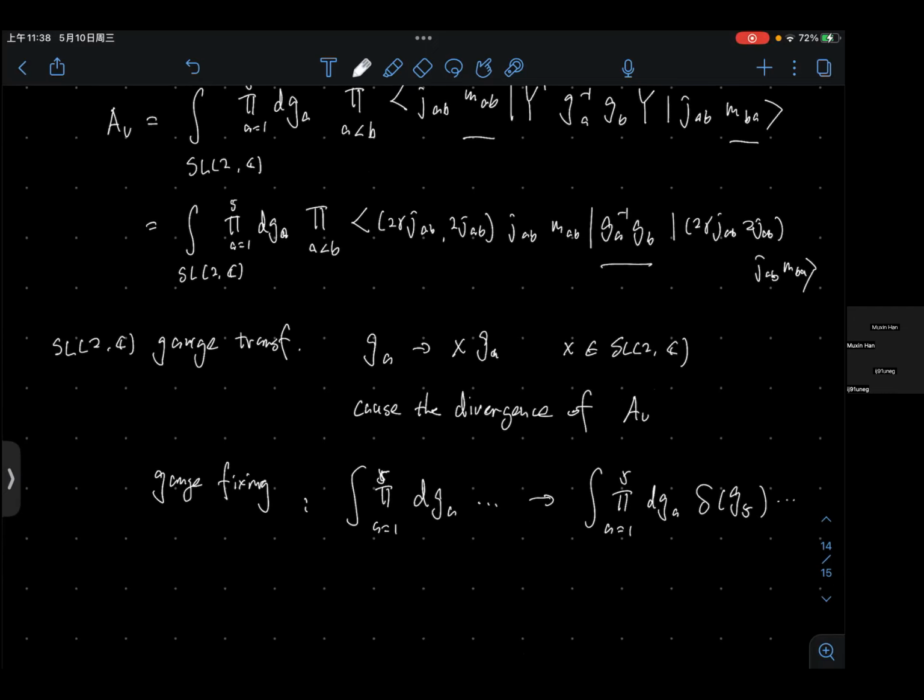And then the result is finiteness. AV is finite.